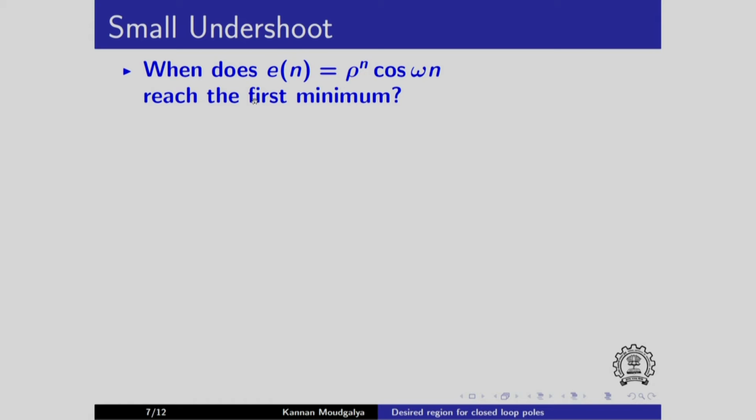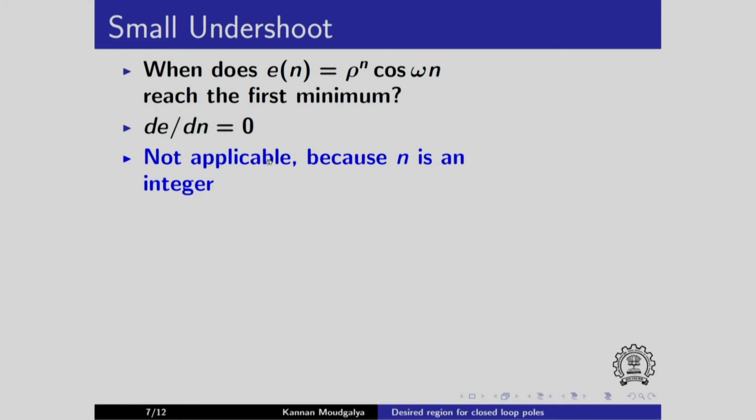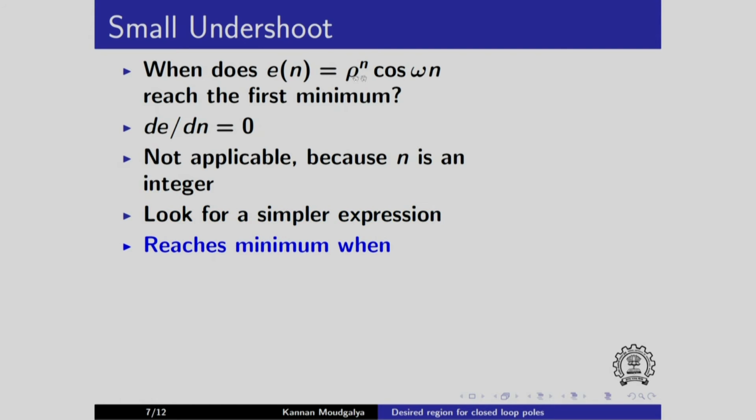Next one is small undershoot. In order to do this, we need to know when this E of n reaches the first minimum. We may be tempted to differentiate and equate it to 0, but this is not applicable because n is an integer. So let us look for a simpler expression. This expression reaches minimum when omega n equals pi, so that this becomes minus rho to the power n.